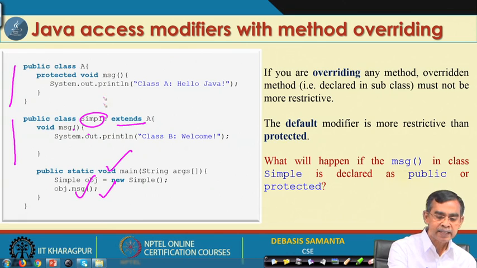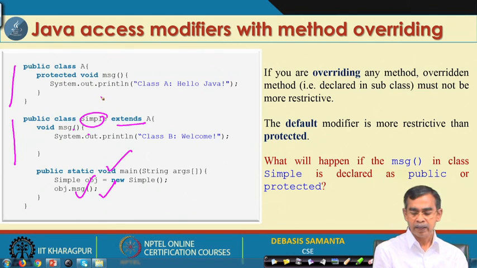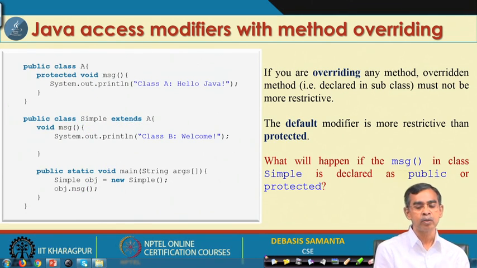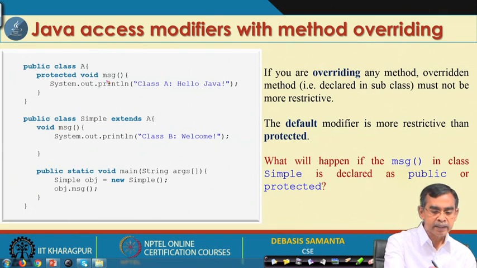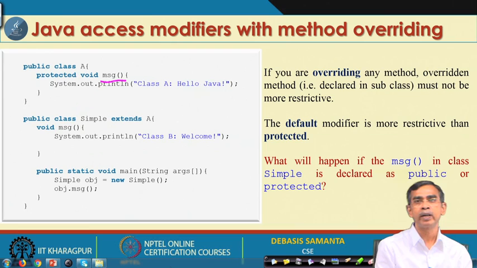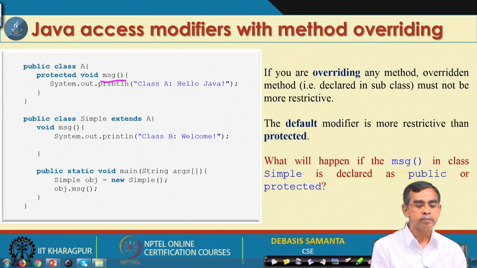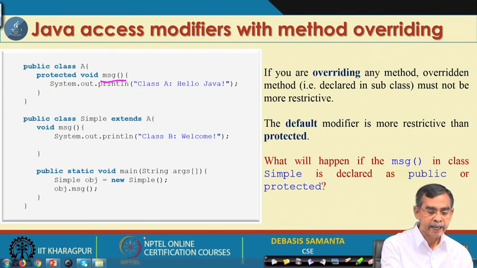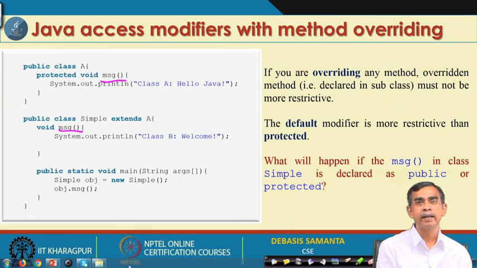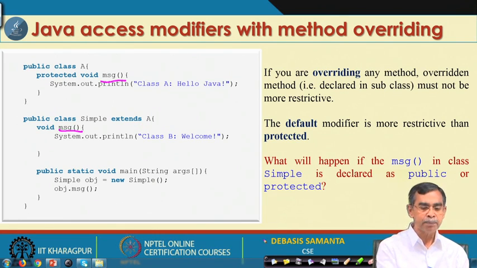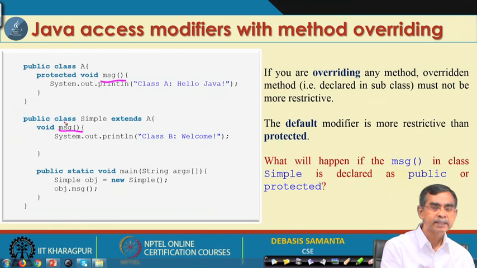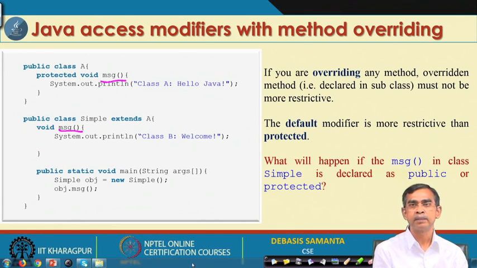Now, in class A, one thing you can notice here is method overriding. We see that this method is declared as protected in class A, and again the method is overridden here in the subclass. If it is protected and it is a subclass, overriding is possible.